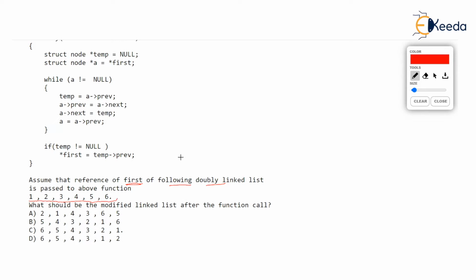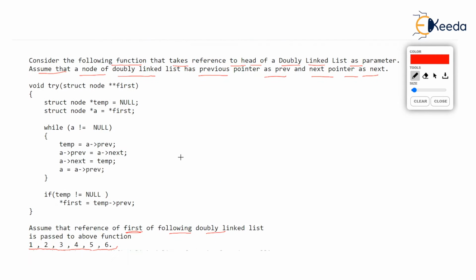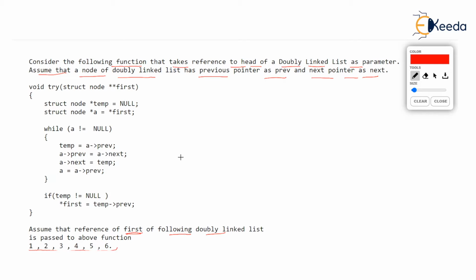So basically we have a doubly linked list like this: 1, next points to 2, next points to 3, points to 4, points to 5, points to 6, and 6 next is null. But 6 previous points to 5. Yes, every node has previous and next. Previous of 3 points to 2, previous of 2 points to 1, and previous of 1 is null.